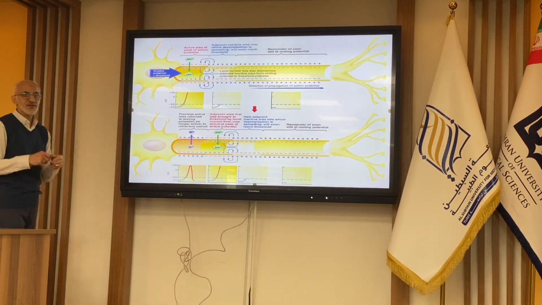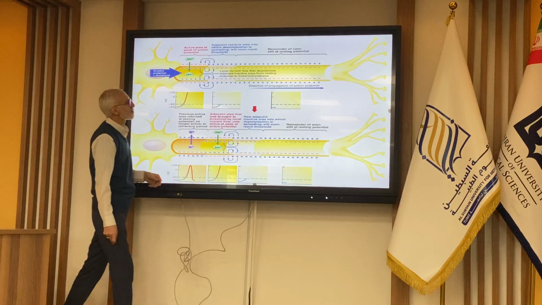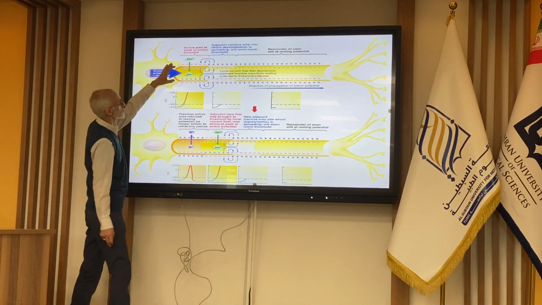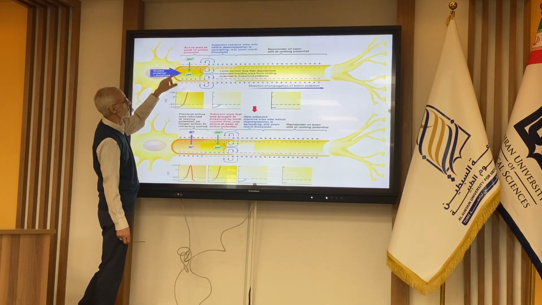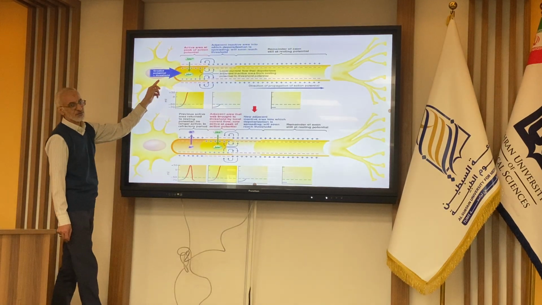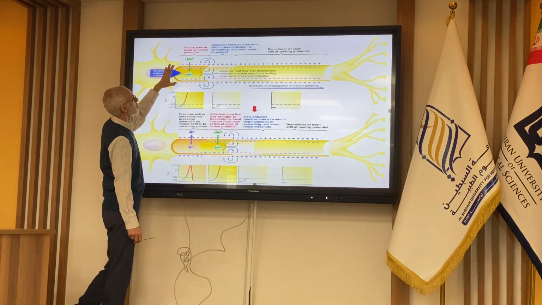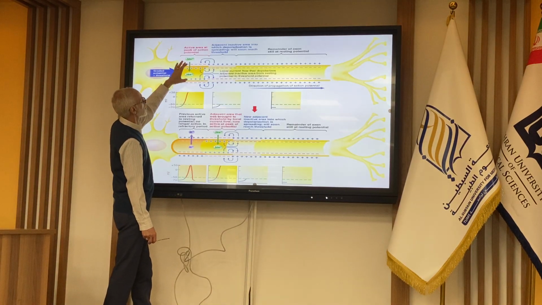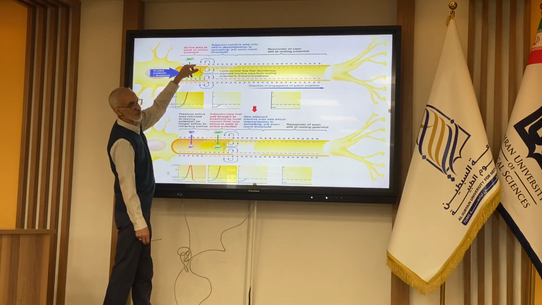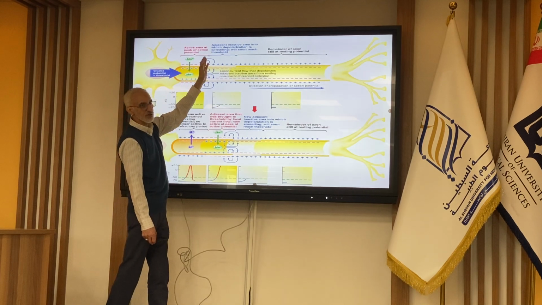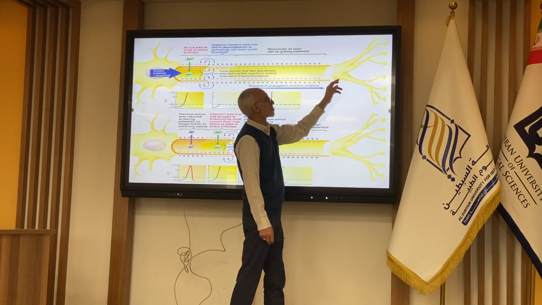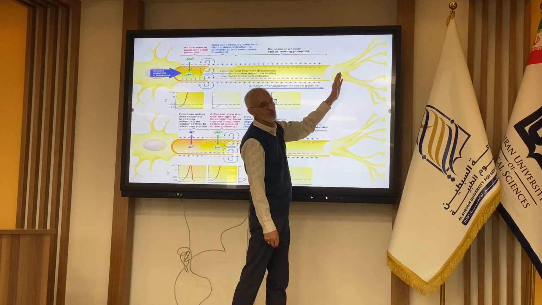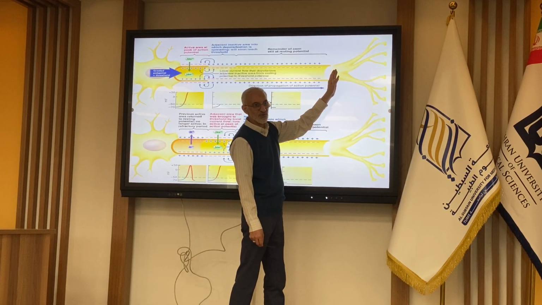Like the example, when an action potential is produced in the initial zone of the axon, this action potential stimulates the adjacent site and produces another action potential, and another, to the end, to here. At this site, we don't have the channels needed for action potential.